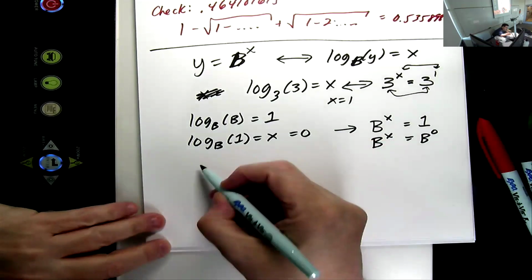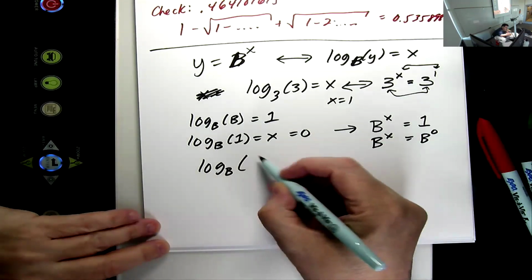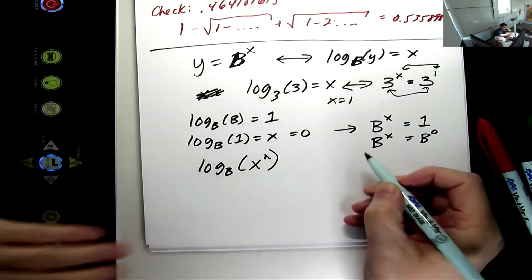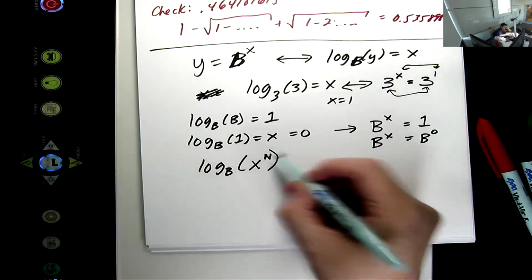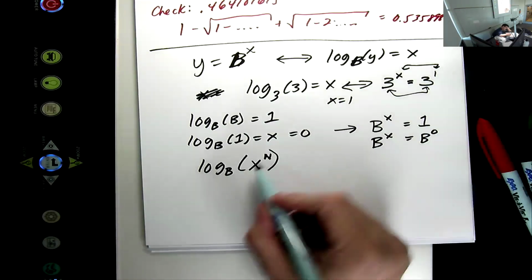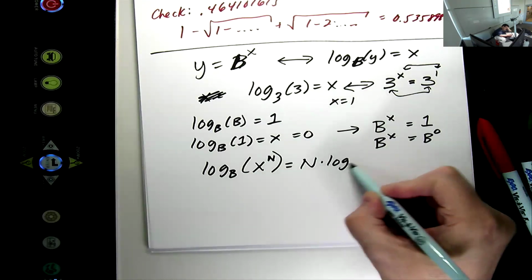So if we have x to the n in here, I'll use capital N, this is equal to having the n out front as a multiplier.